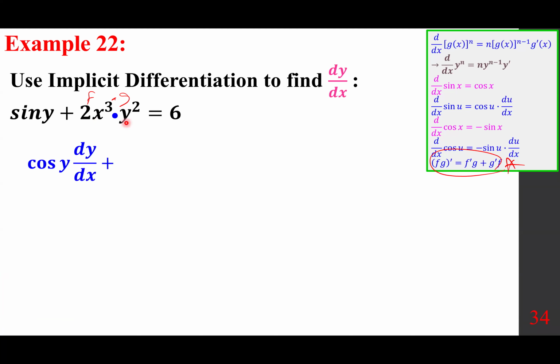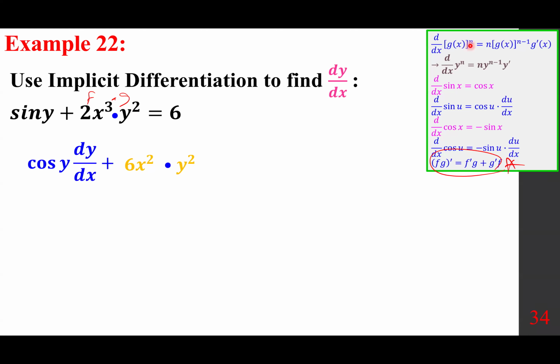To f prime times g. 2x cubed, the derivative is 6x squared, times g, which is y squared, plus g prime. What is the derivative of y squared? Is 2y prime. Everybody, take a look at this one.